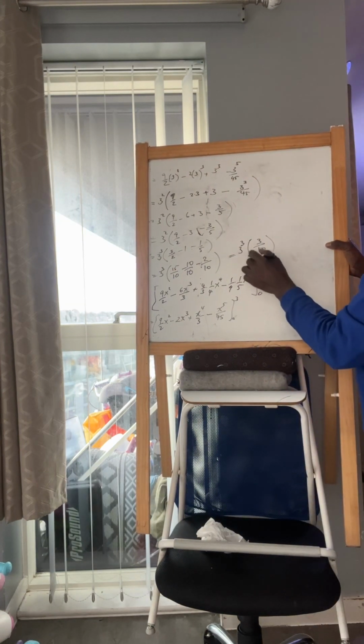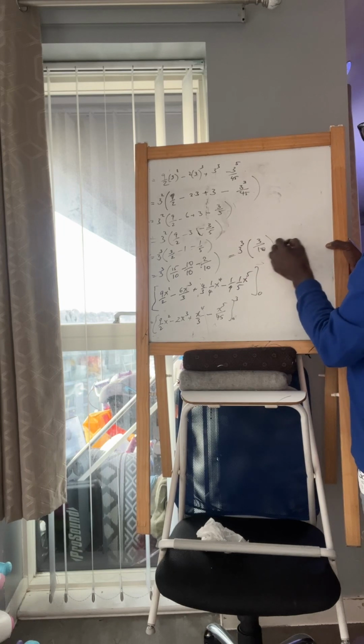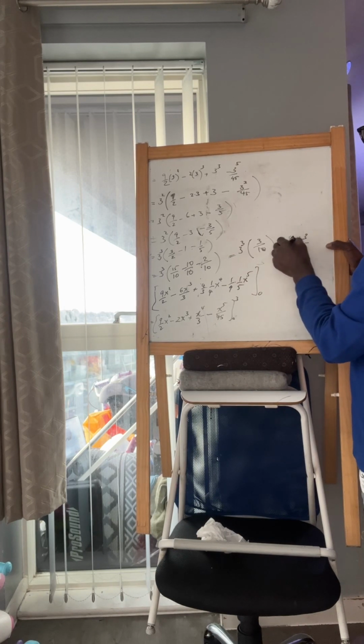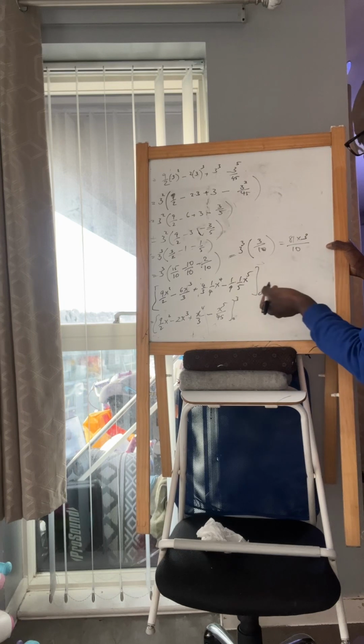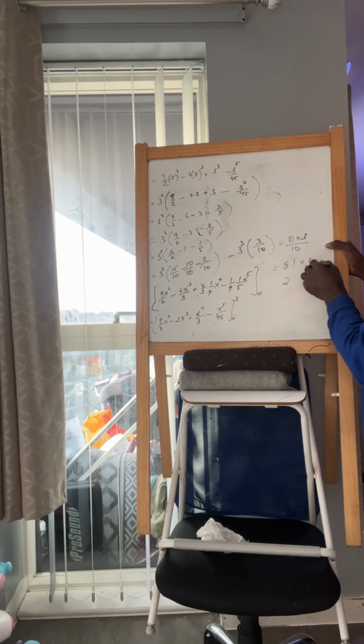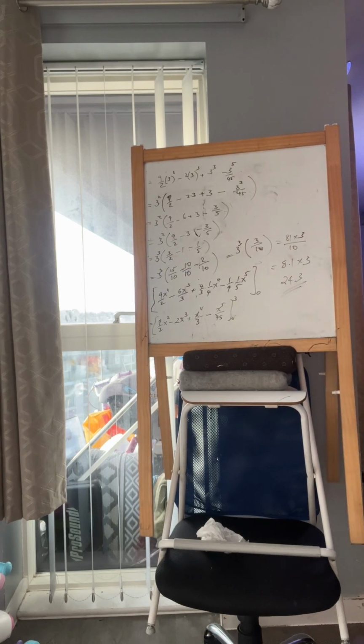This is a big answer. 3 times 3, this is 81. 3 raised to the power of 3, 81 times 3 all over 10. I don't want to use fraction, so I will just say this is 8.1 times 3. So this is 24.3. This is what I get. Thanks for watching.